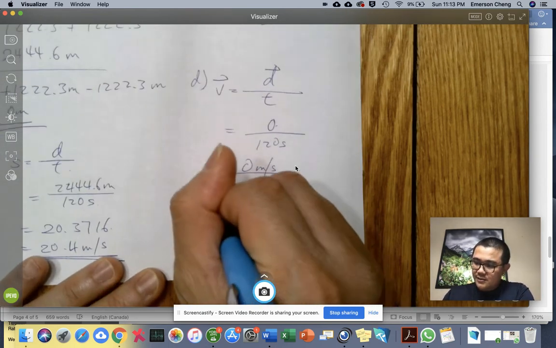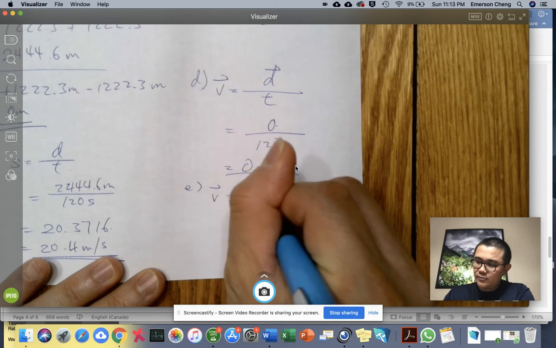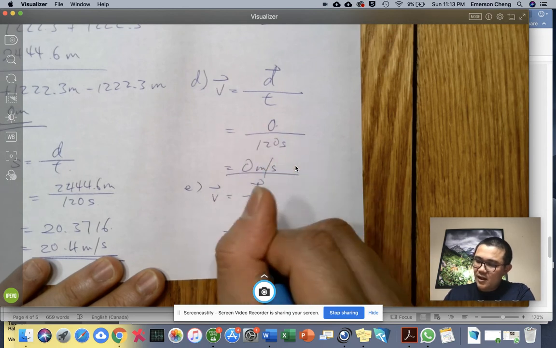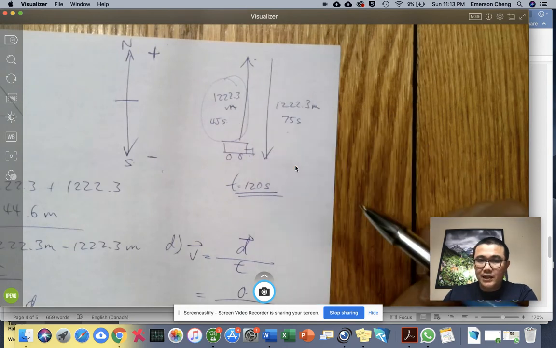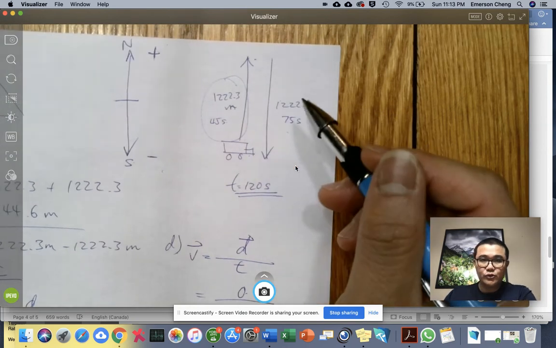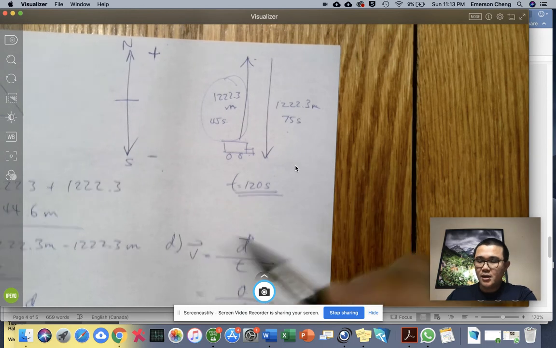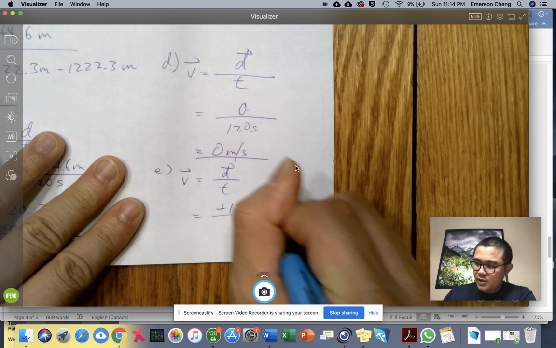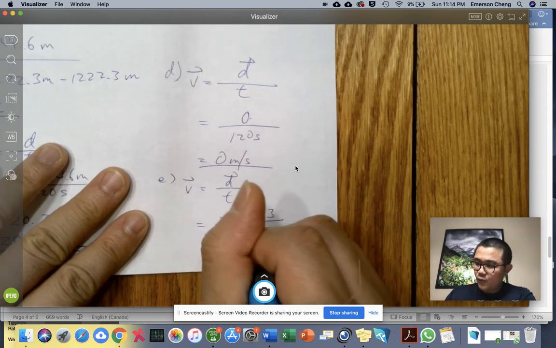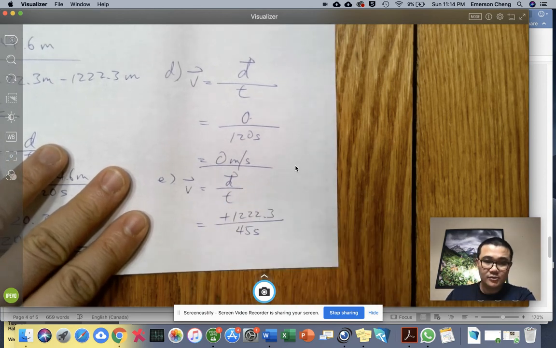For E, it's still the same equation. Your displacement is positive 122.3 meters. It took 45 seconds to drive.